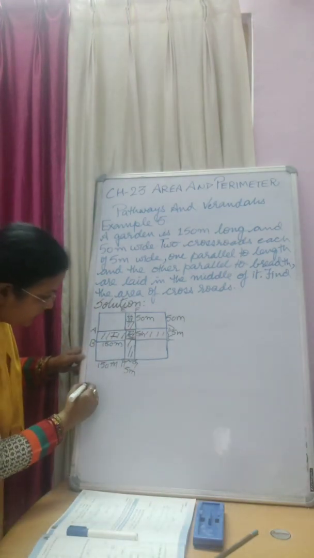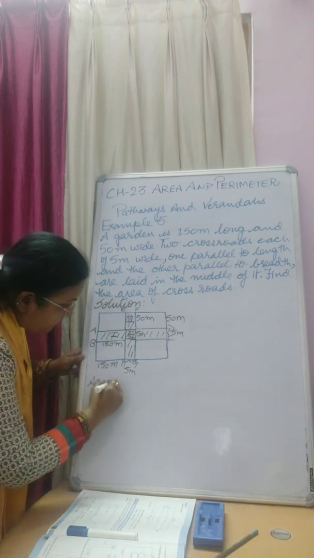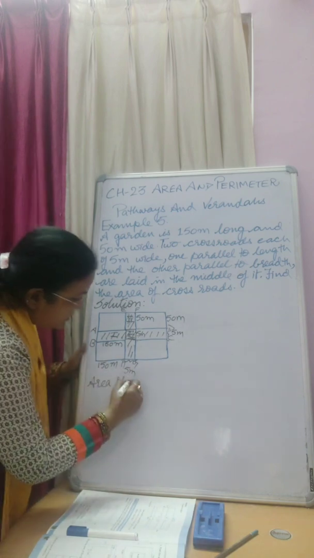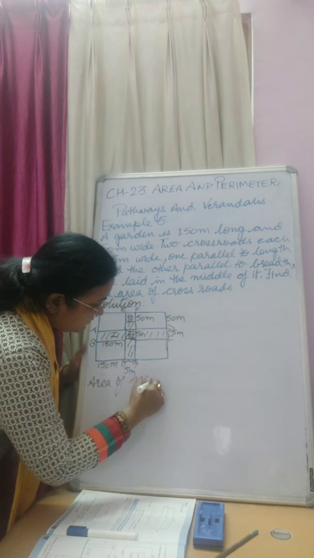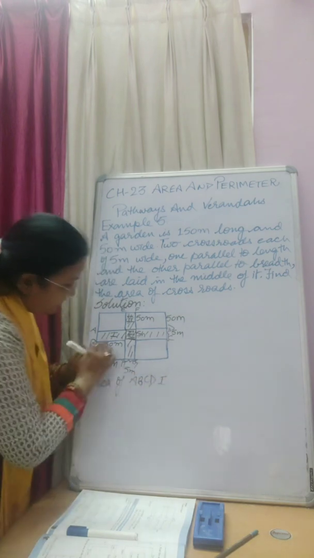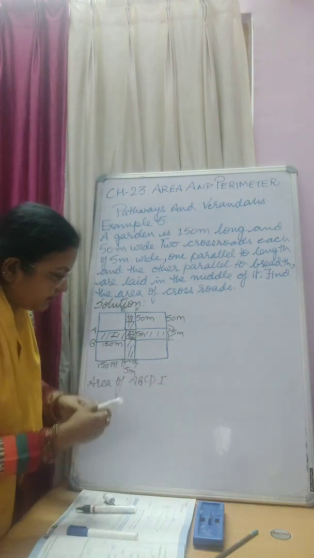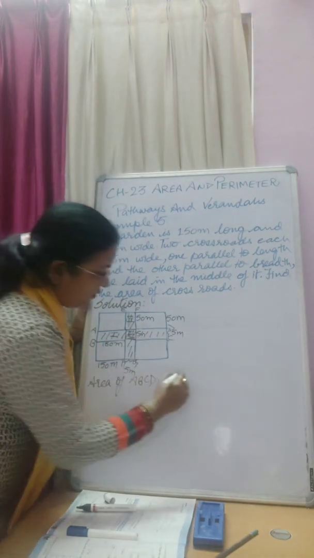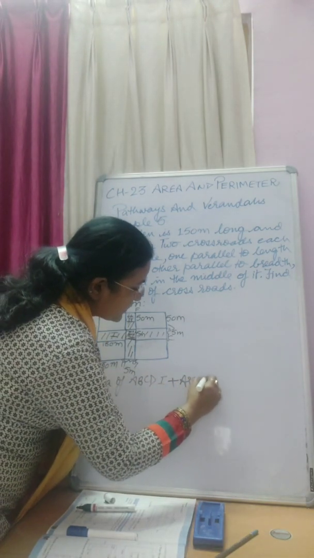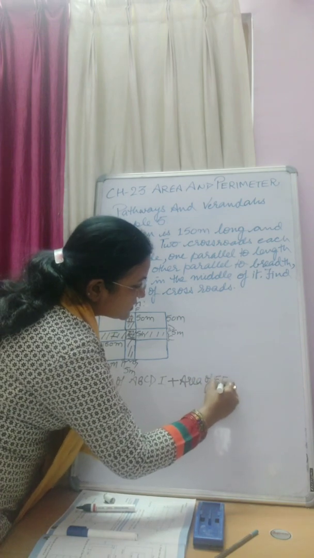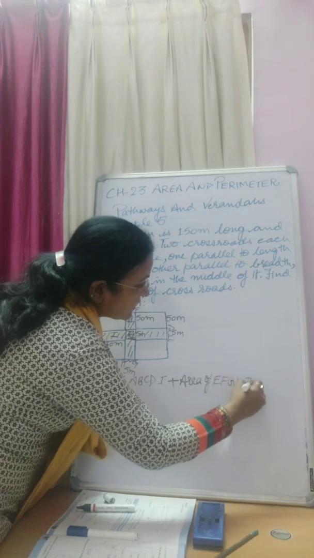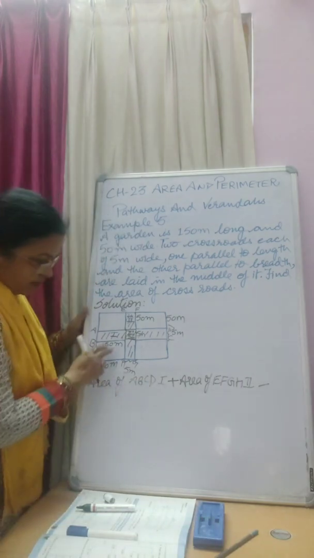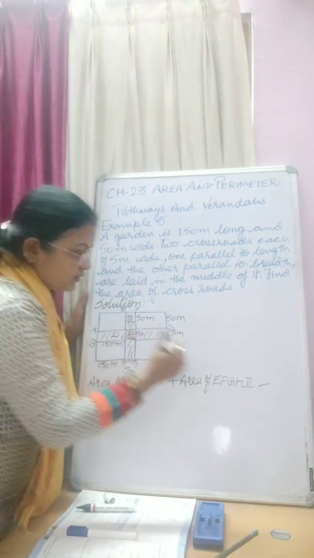Now let us write in words: area of ABCD, the first rectangle, plus area of EFGH, the second rectangle, minus what we are subtracting, the third square.